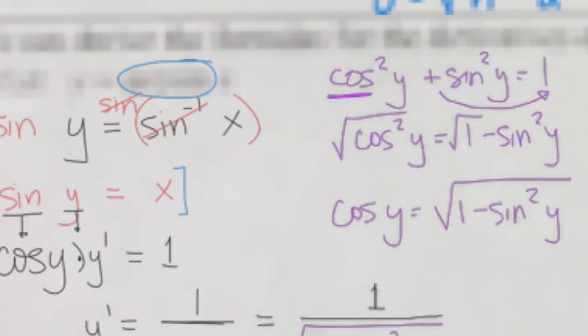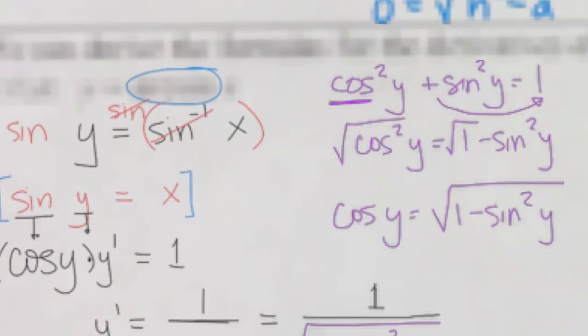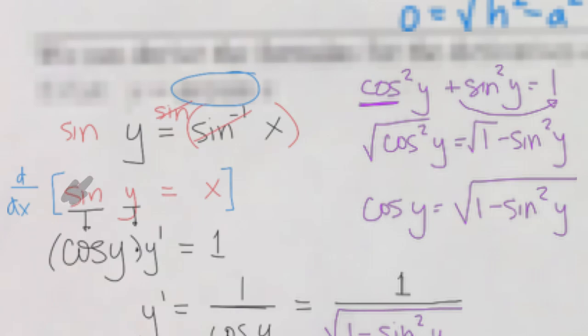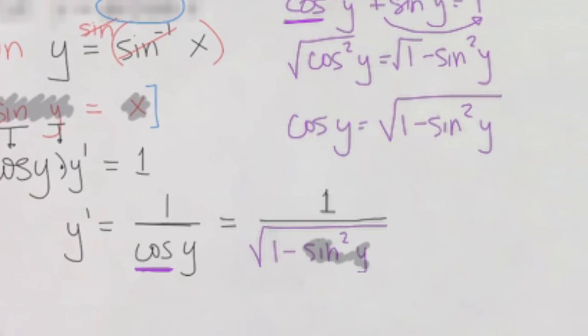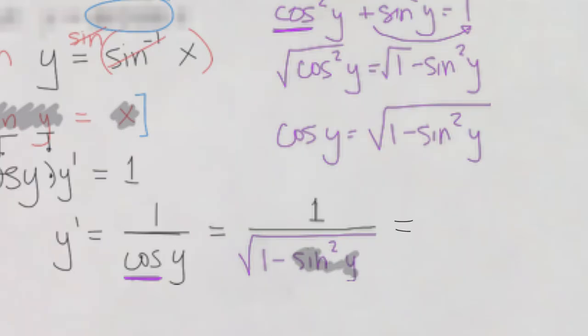Well, over here in our first part of our problem, we decided that the sine of y equals x. Right? In that very second step, when we took the sine of both sides, we know that x equals the sine of y. So I can replace sine of y with what letter? With x.